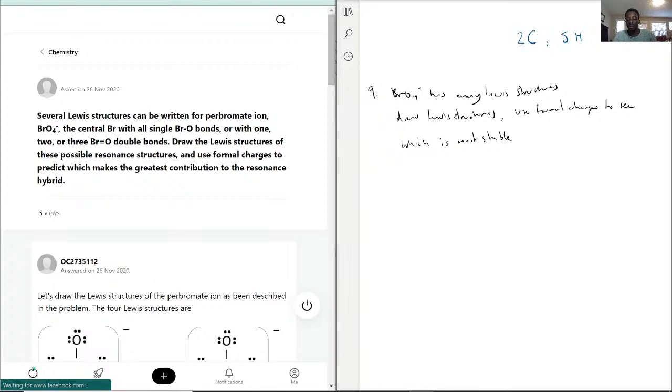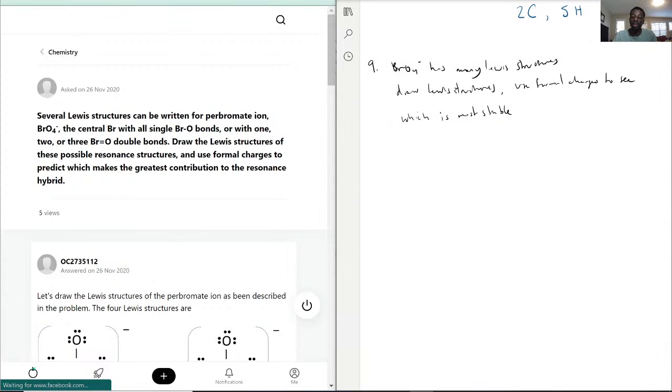That's why formal charges help find out the stability, because you'll notice that the most stable one is the one that has the least amount of positive and negative charges. It just has the most amount of 0 charges. So with that being said, let's draw these Lewis dot structures based on these instructions.